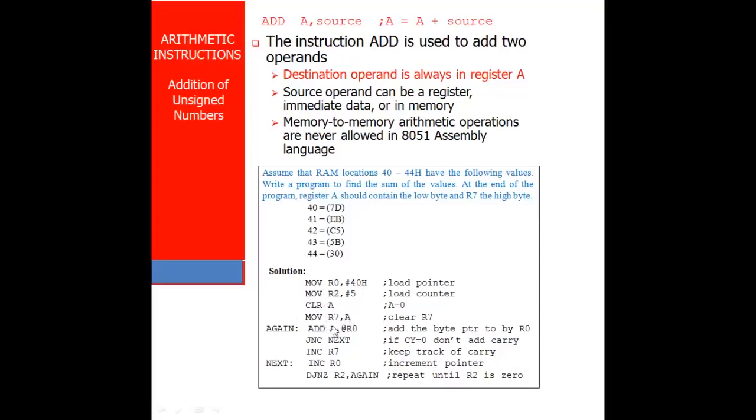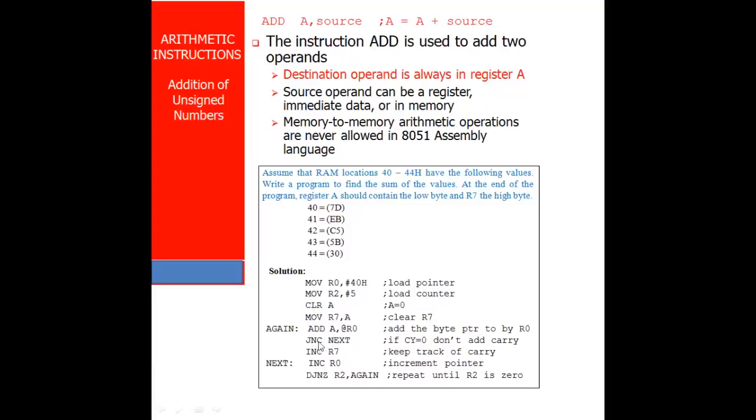So both the register R7 and the accumulator are cleared first before executing the instruction ADD A, @R0. R0 is pointing to the memory address 40H, from where the data will be collected, and it will be added with the accumulator. Finally, the accumulator will contain the data, means the final result will be stored inside the accumulator.